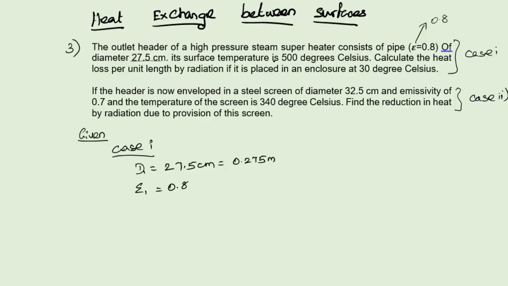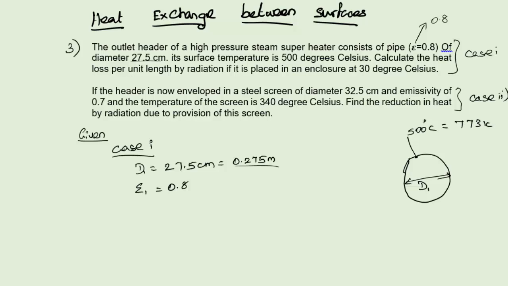Its surface temperature is 500 degrees Celsius. So consider a pipe like this. The diameter of the pipe is D1, equal to 0.275 meters, and this pipe surface temperature is 500 degrees Celsius, which is equal to 773 Kelvin.